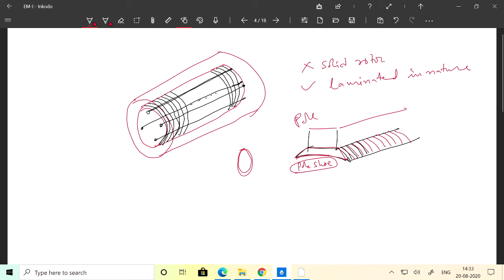This is also laminated like this. So what are the elements which are laminated? The rotor, and in some cases, in very big machines, the pole shoes are laminated, but in small machines the pole shoes may not be laminated.